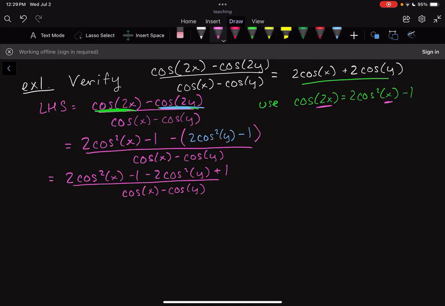So there I just simplified. I see that I can simplify more because I have this minus 1 plus 1, so that goes away. So now I have 2 cosine squared x minus 2 cosine squared y divided by cosine x minus cosine y.